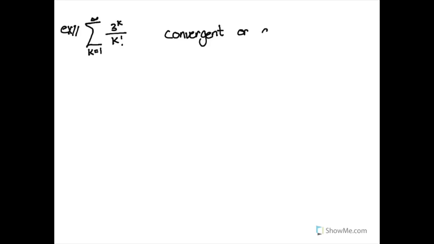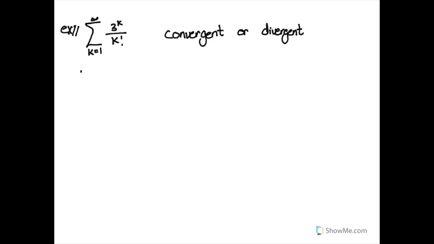Again, we can use the ratio test here, because if we find that it's divergent, then it's divergent. But if we find that it's absolutely convergent, we know absolute convergence implies regular convergence, right? The ratio test works here.